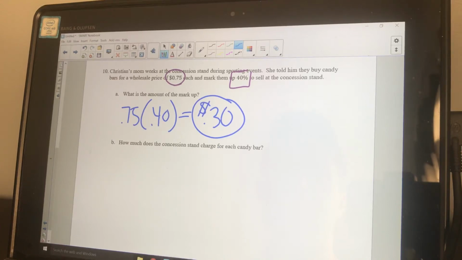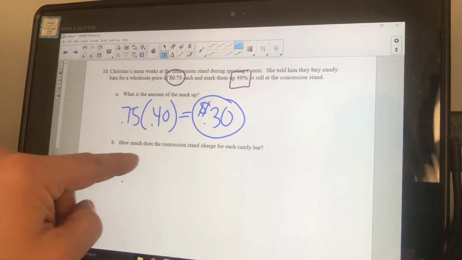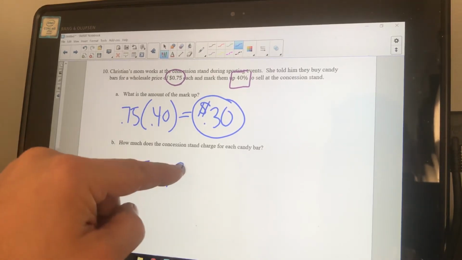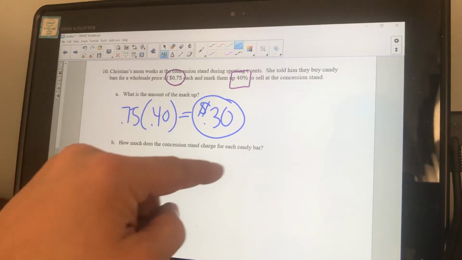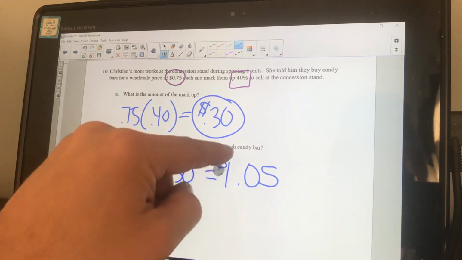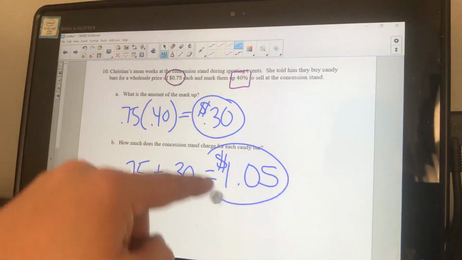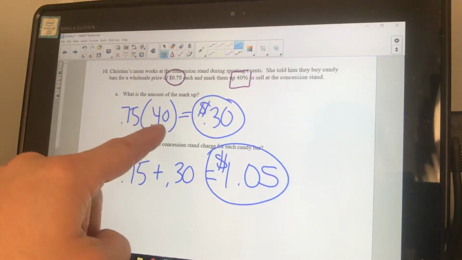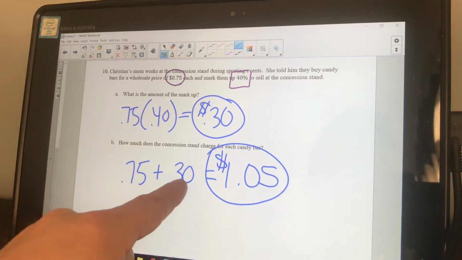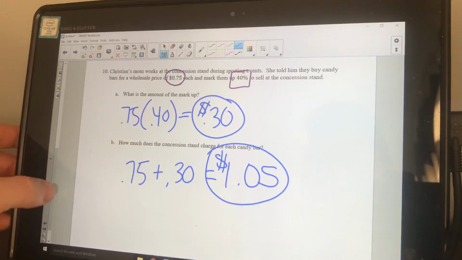How much does the concession stand charge for each candy bar? Well, that means they take the 75 cents because they have to charge at least that. They increase it by 30 cents. I add those two together. Each candy bar is $1.05. Okay. Straightforward. What's 40% of 75 cents? 30 cents. Add that 30 cents to the 75 cents, and then we go from there.